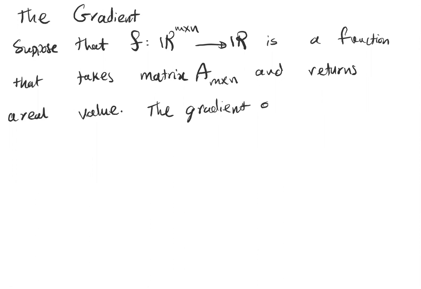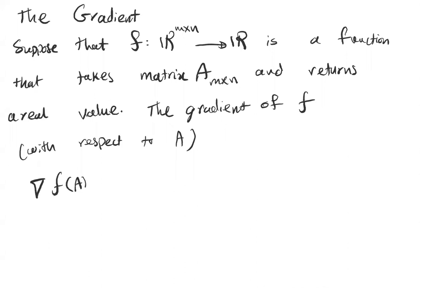Gradient of f with respect to A, which is a matrix of variables. Before doing that, something I would like to note is the size of the gradient is the same size as the variable. So in this case, the gradient of f of A with respect to A is an n by n matrix, which is the same size as A. What are the elements of this?